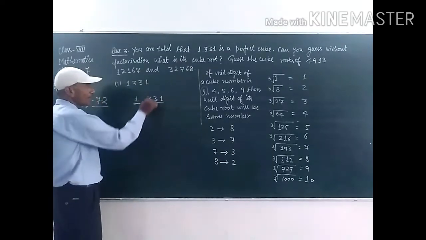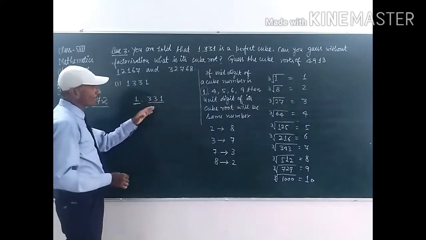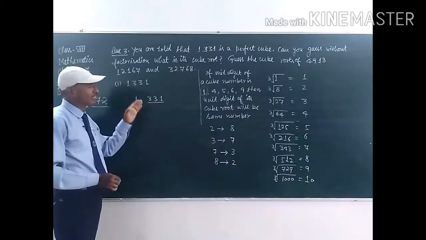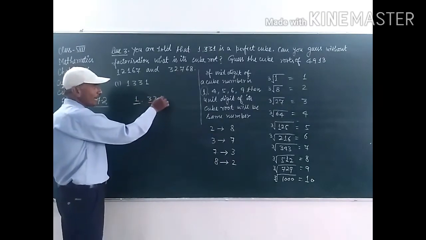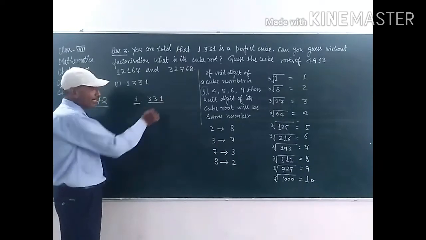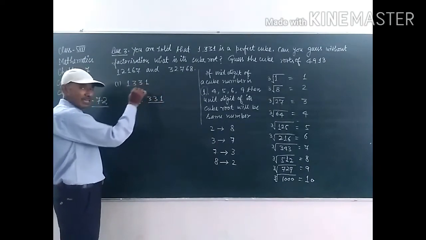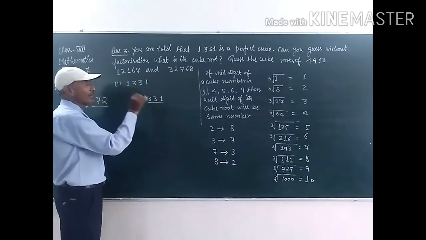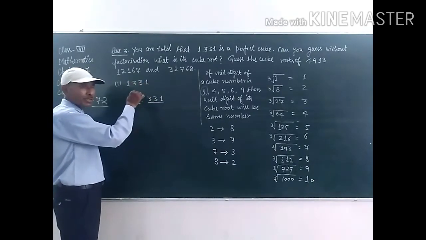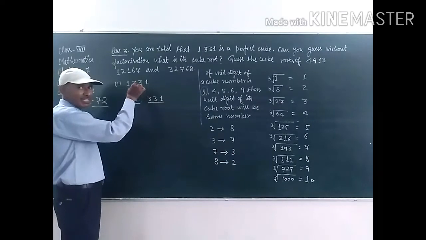Clear, student? From this group, we have to observe the unit digit of this number. So, the unit digit of this number is 1. This number is a perfect cube number, student. Remember it. So, we have to find the cube root of this number by the estimation method.